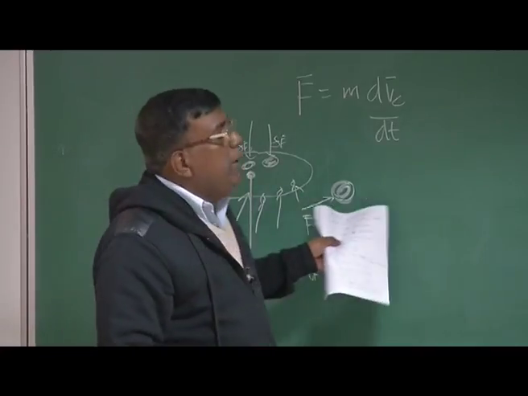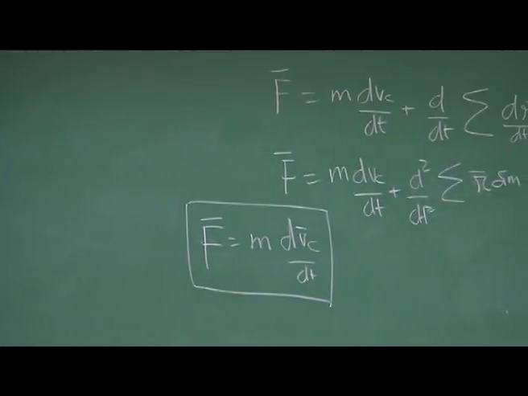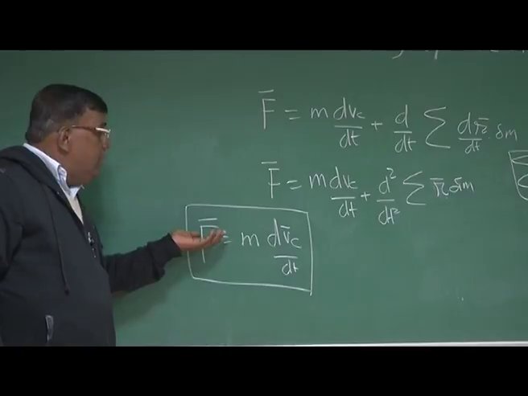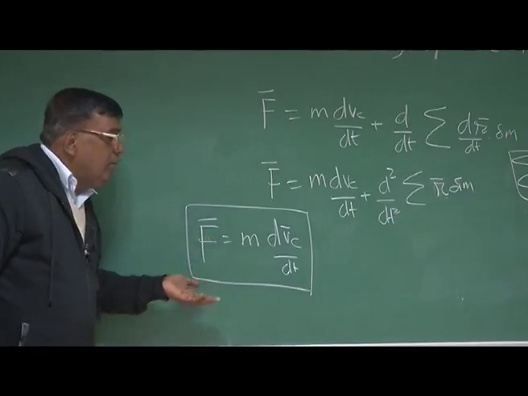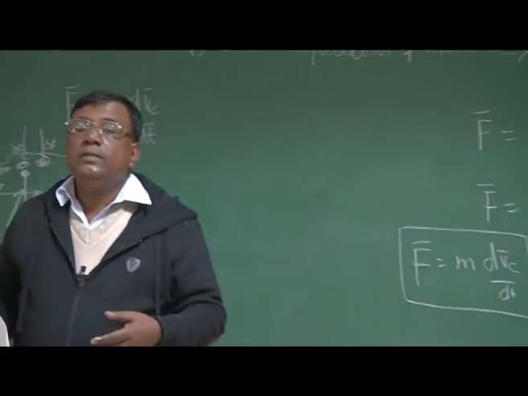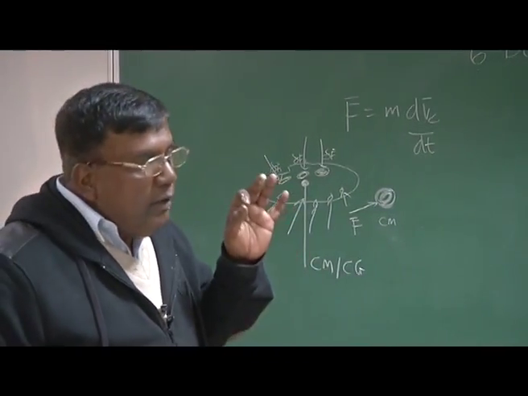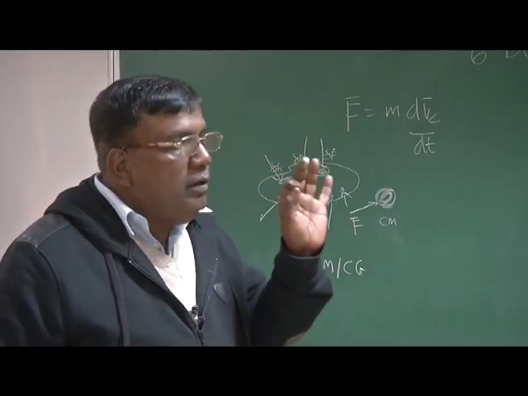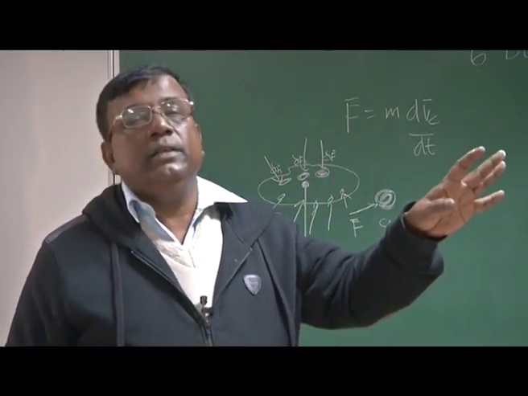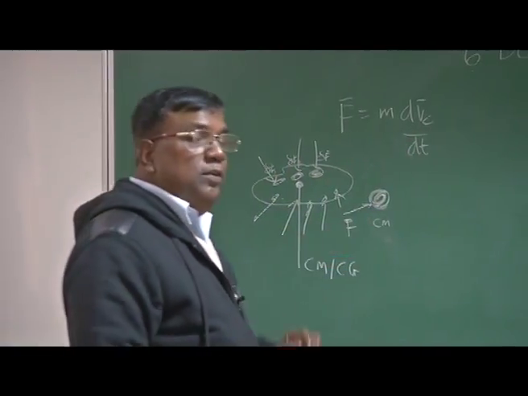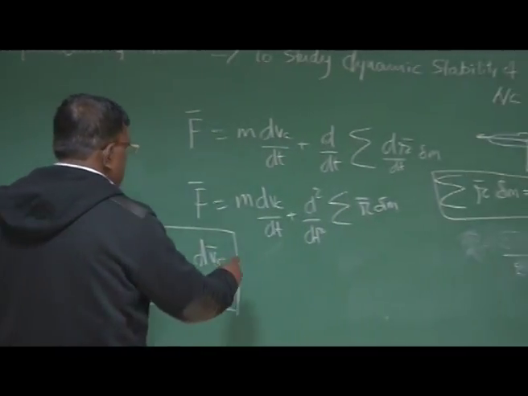So now you apply this. It will tell you, for an external force, what will be the overall effect on the acceleration of the center of mass. That is what we are looking for, because we also want to track how the center of mass of the airplane is moving in flight. So this is a very useful equation we will be using.